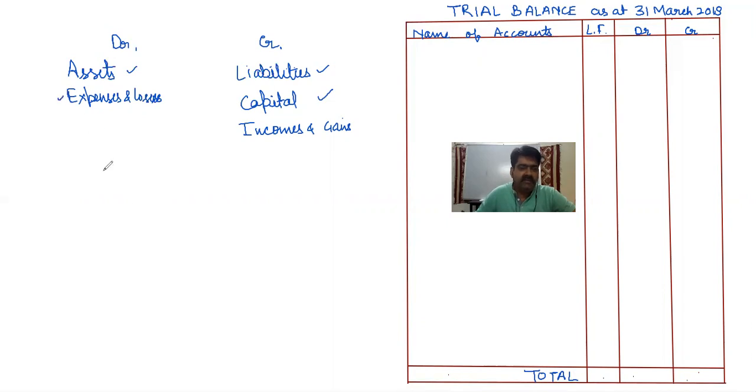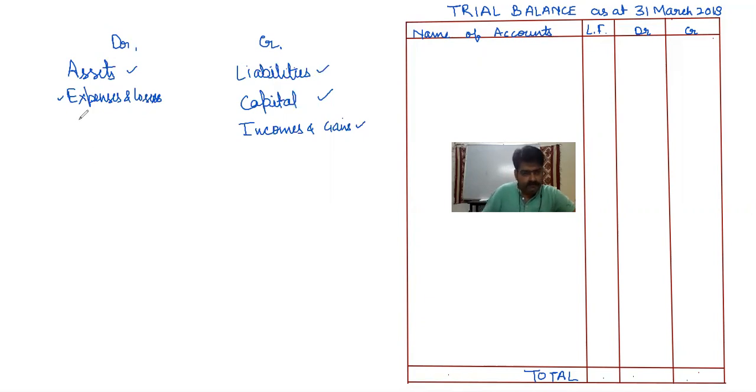Now expenses like wages, rent, traveling expense, electricity expense, legal expense, office expense, repair, etc. So all these balances will also come in debit side, whereas incomes like interest received, discount received, commission received, and rent received from tenants. So balances of such accounts will come in credit side.